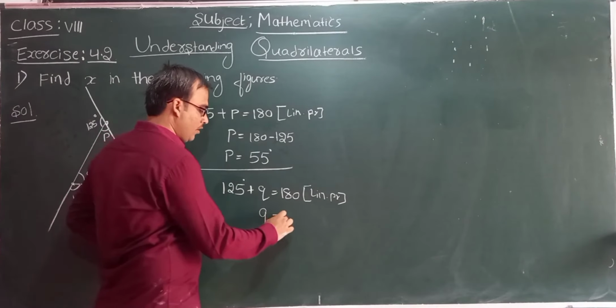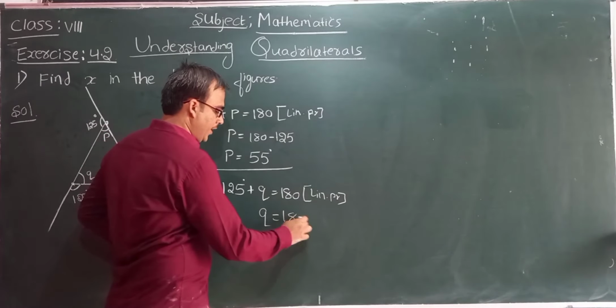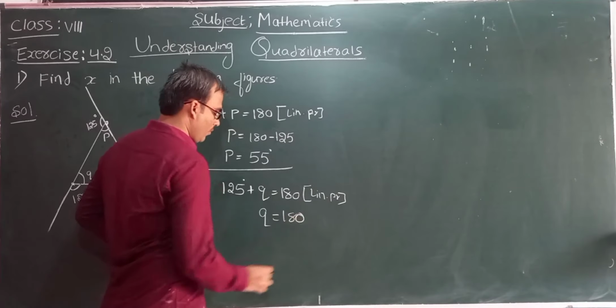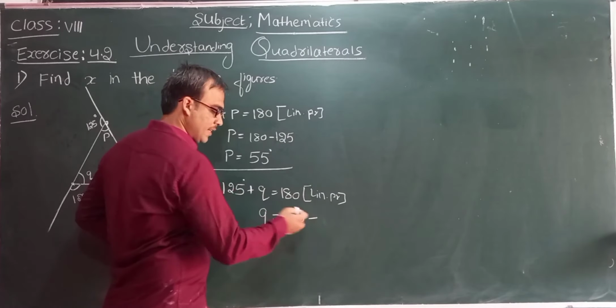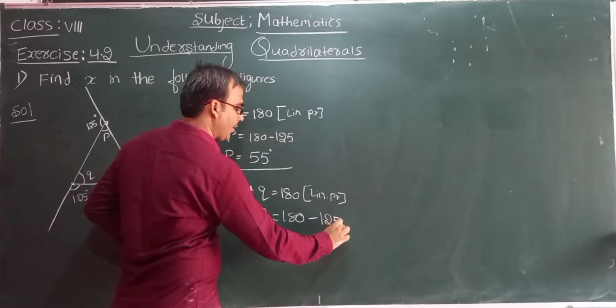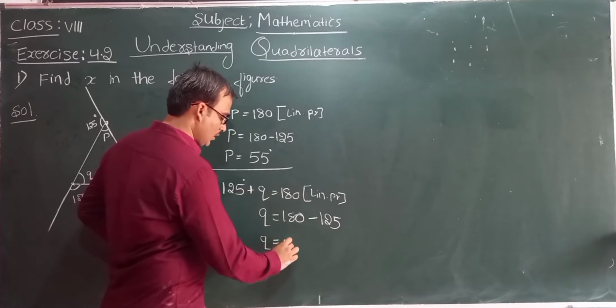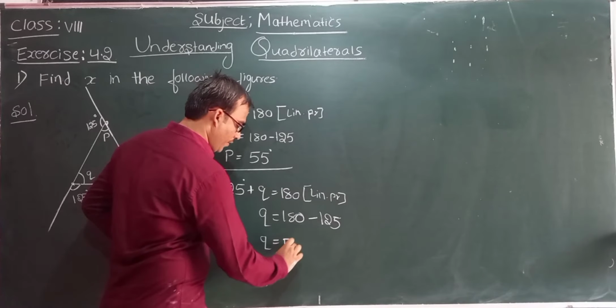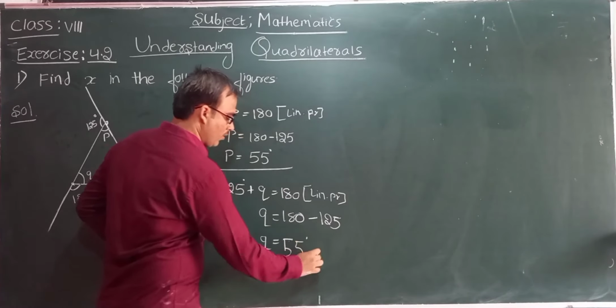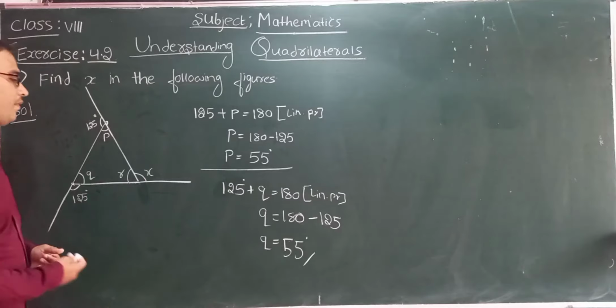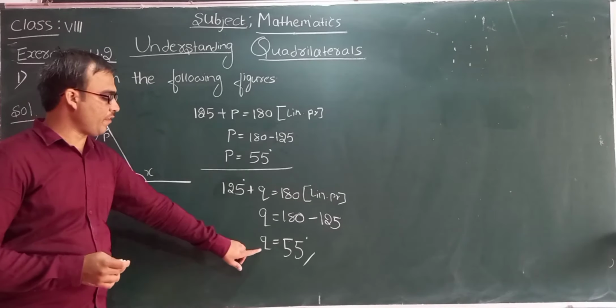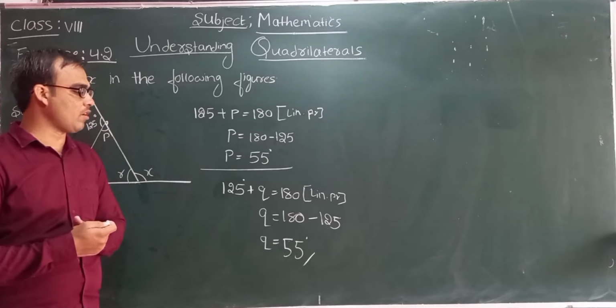Now Q equals 180, transpose this towards the right side, it will become minus 125. So the value of Q is 55 degrees. Now students, here we have got Q equal to 55 degrees.